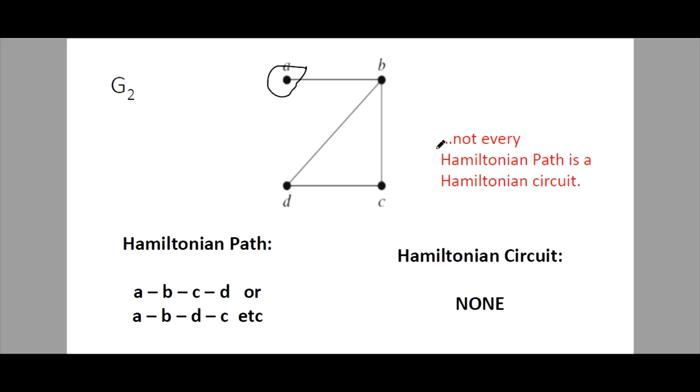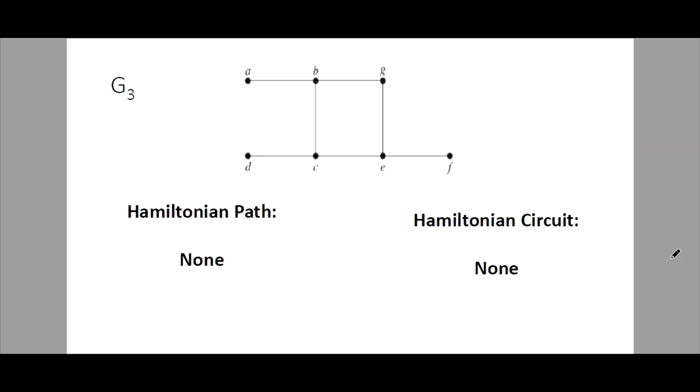And take note that not every Hamiltonian path is a Hamiltonian circuit. That is why we have a Hamiltonian path, but we cannot find a Hamiltonian circuit.